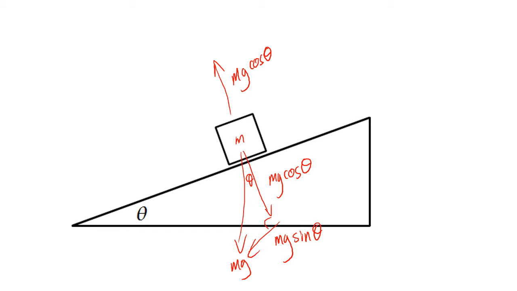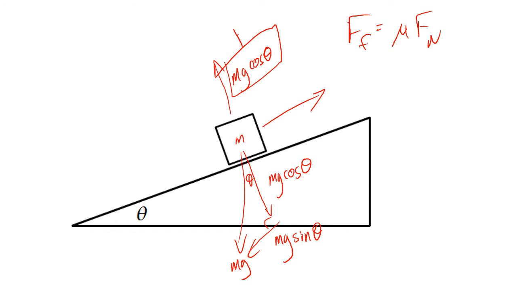But here's the problem. Your frictional force is going to also be affected because your force of friction is going to equal mu times your force normal. Okay? Now, since this is your force normal, that's what you're going to have to use for this formula right there.